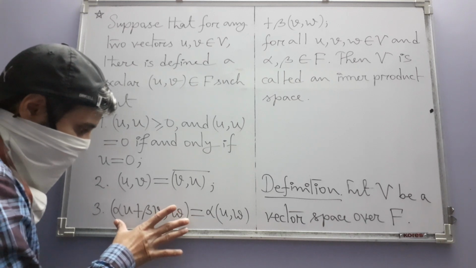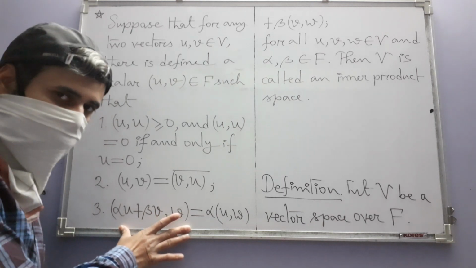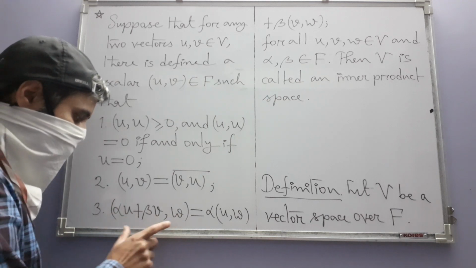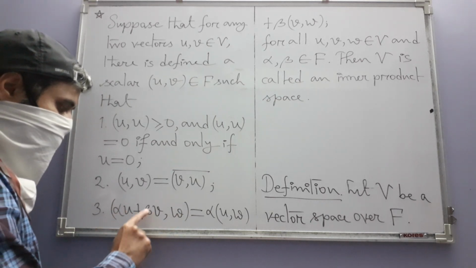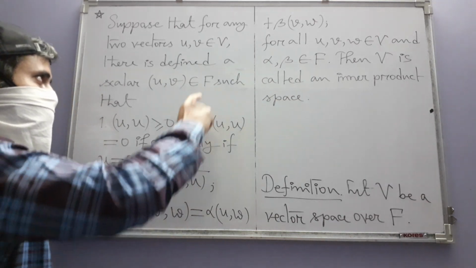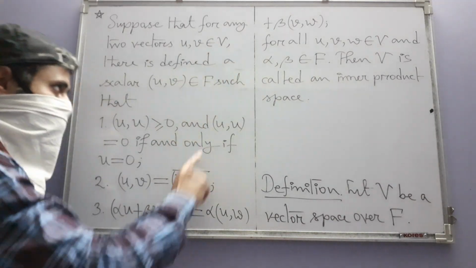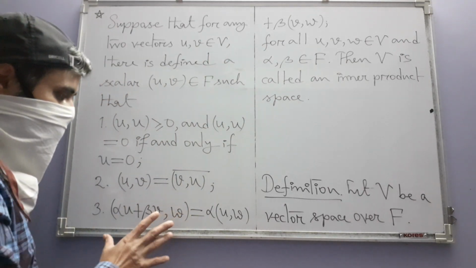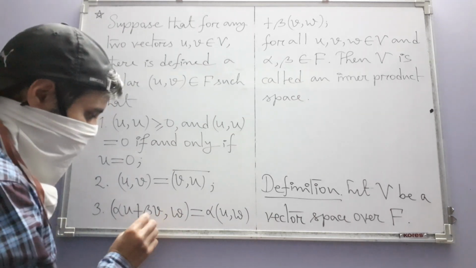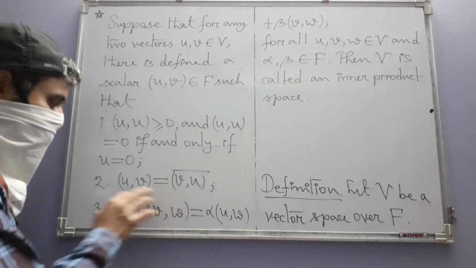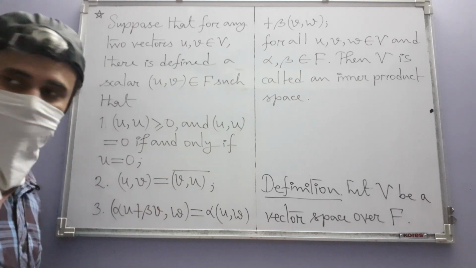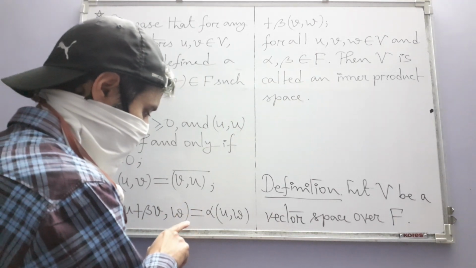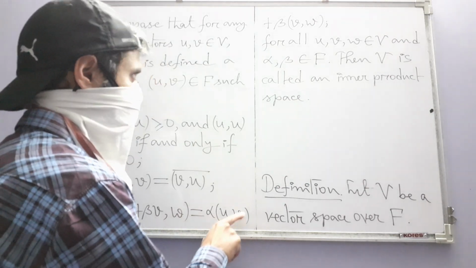By definition this left hand side is a complex number, and it makes sense to consider this here and w here, because alpha u plus beta v, this linear combination, is an element in V, and w of course is again an element in V. We haven't said anything about what this thing is, but we can consider their pair like this, which is a complex number.